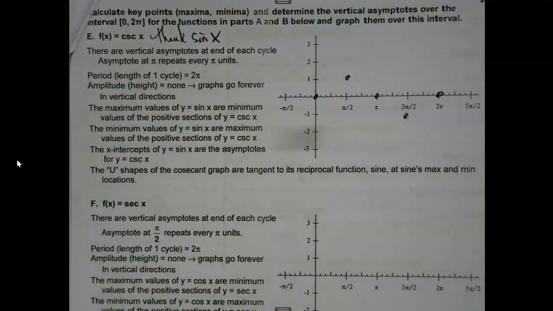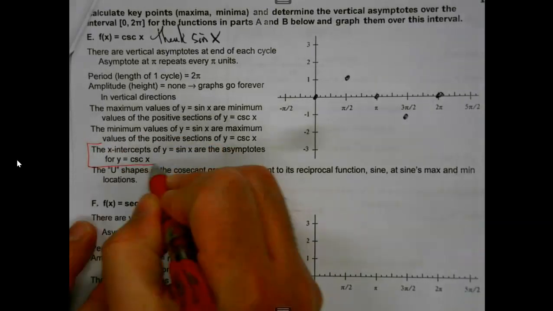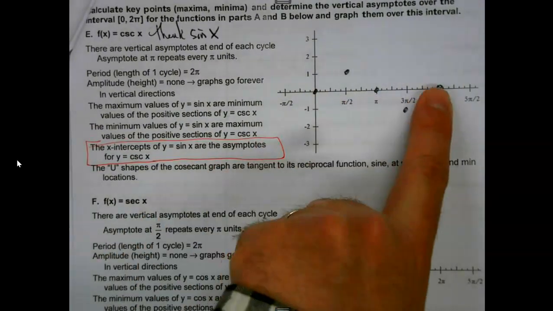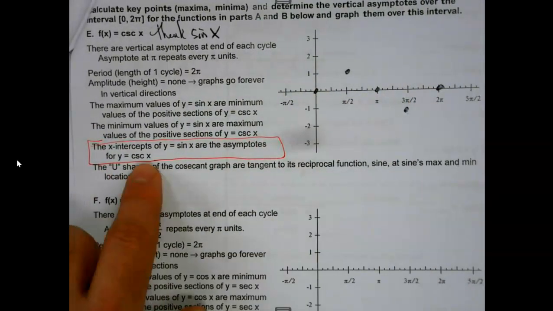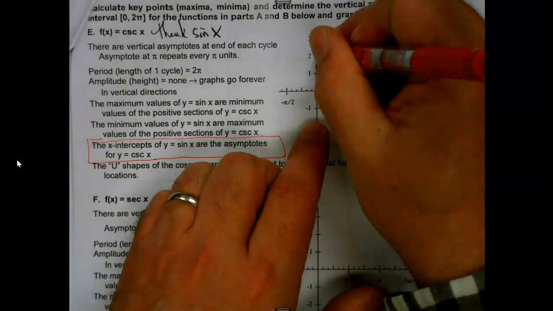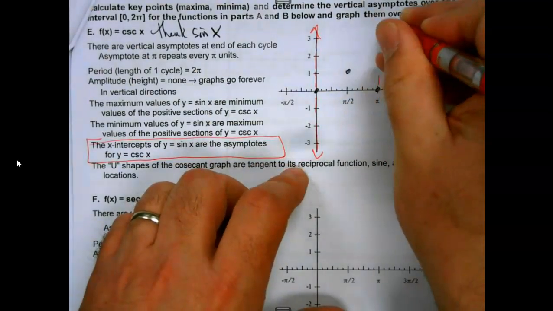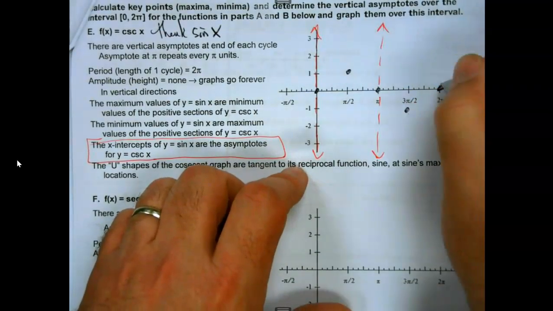Don't connect them though, because we're going to use these points in a little different of a way. So here's how this is going to work. The x-intercepts of your sine are the asymptotes for cosecant. Oh, this is kind of weird. Okay. So the x-intercepts have become asymptotes.